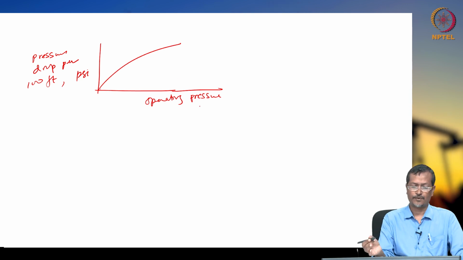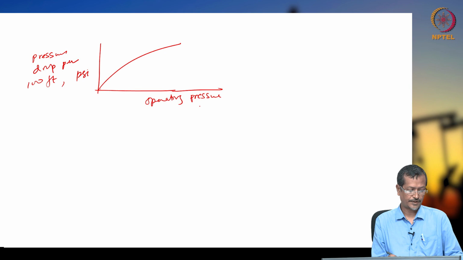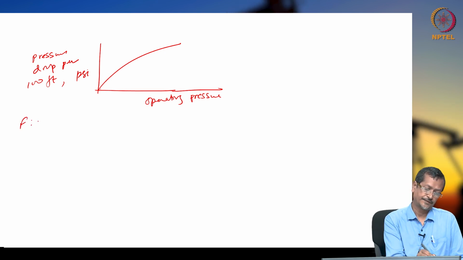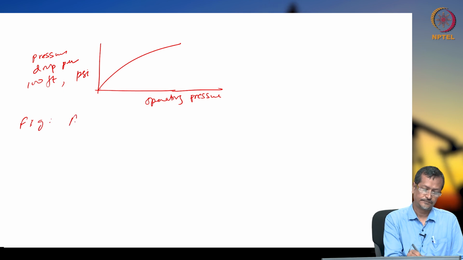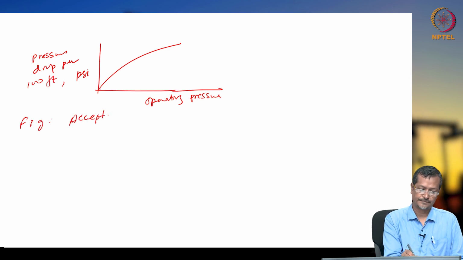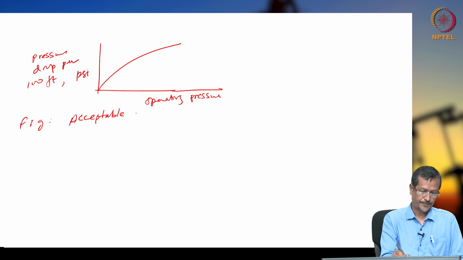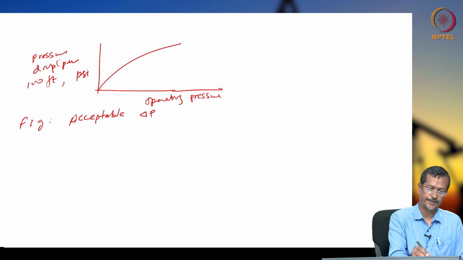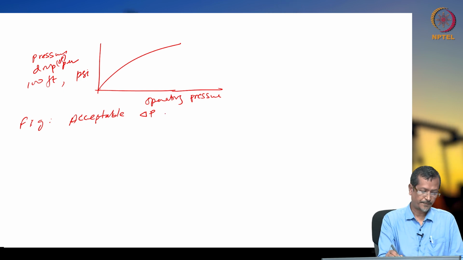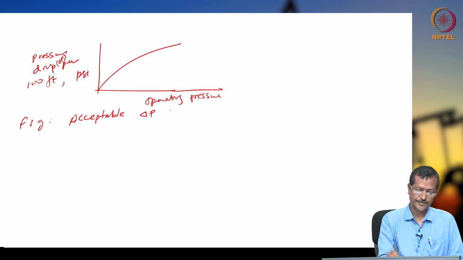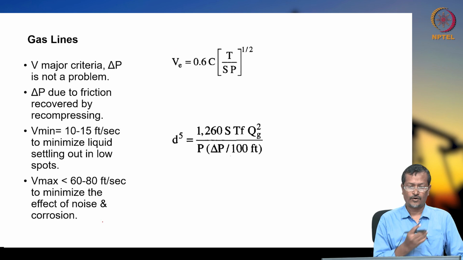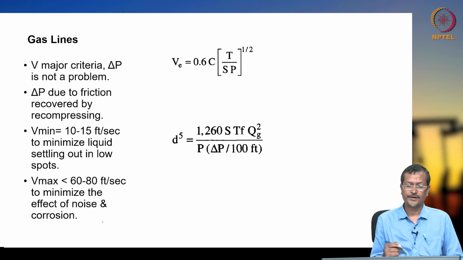If you change the operating pressure, you can get from this curve how the pressure drop changes. This figure gives the acceptable pressure drop, or del P, for short lines. For long lines, the curve will be different. For a gas line, the formula will be a little bit changed.